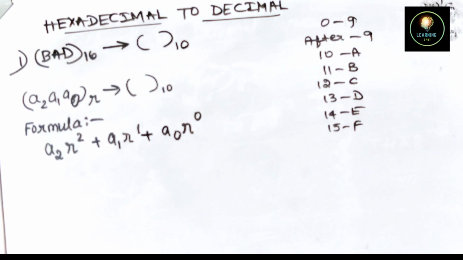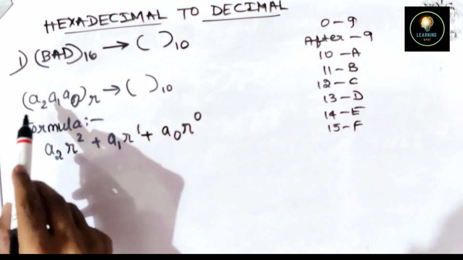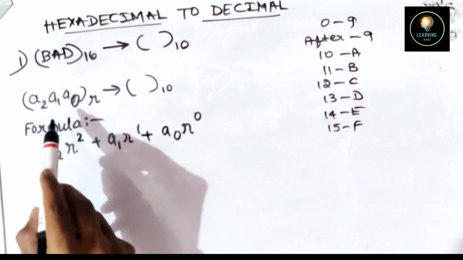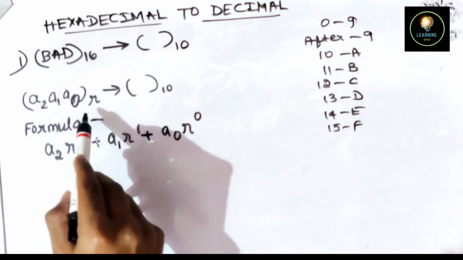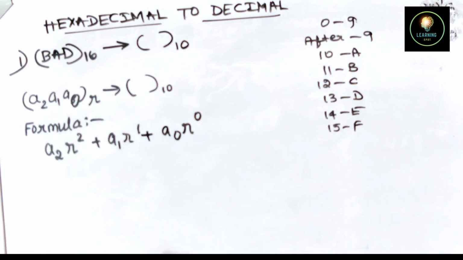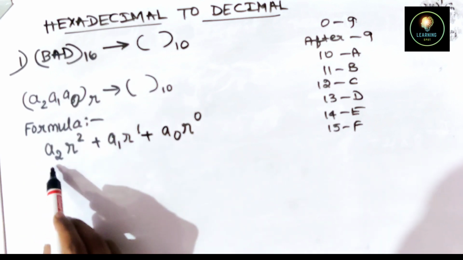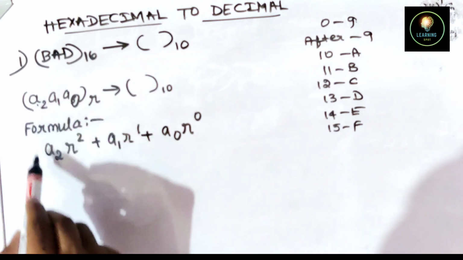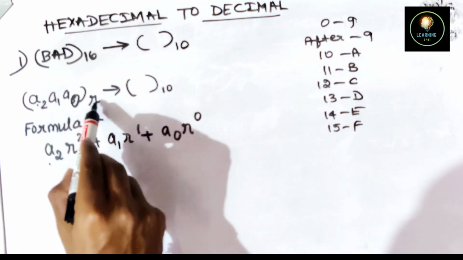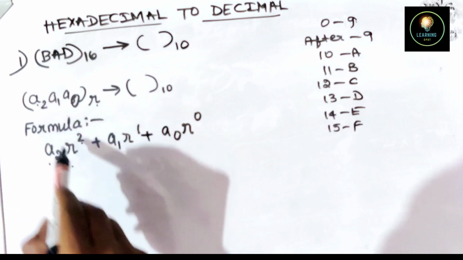In this video we are going to discuss hexadecimal to decimal conversion. There is a general formula for converting any number to decimal. If the digits are in the format A2, A1, A0 to the radix R, that is base R, this can be converted using A2 into R squared.